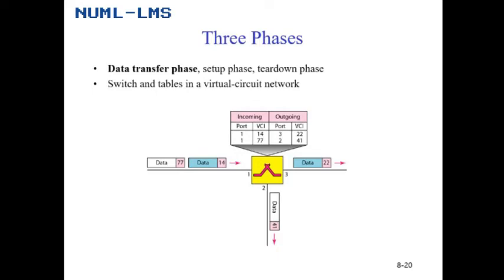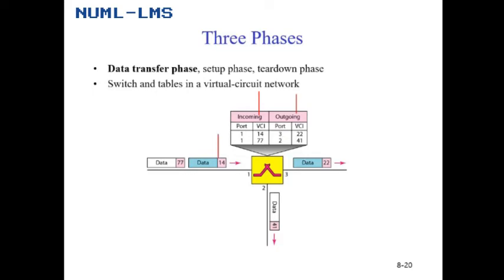So let's talk first about the data transfer phase. To transmit a frame from a source to its destination, all switches need to have a table entry for the virtual circuit. Here we can see the table entries. The data comes in with a specific VCI.